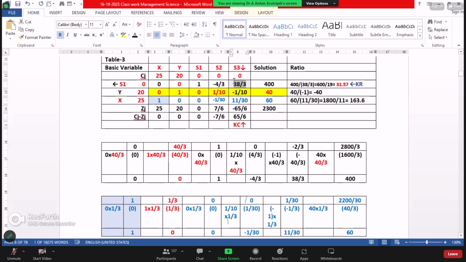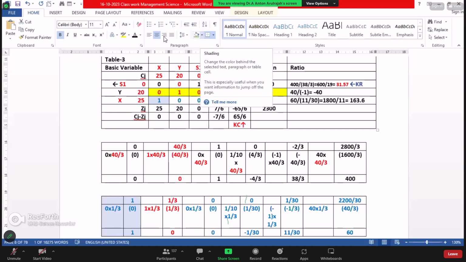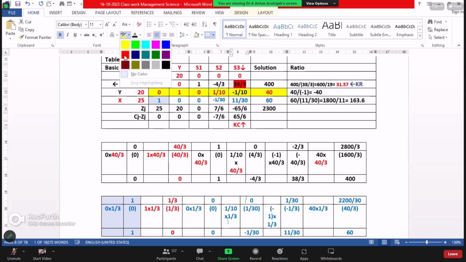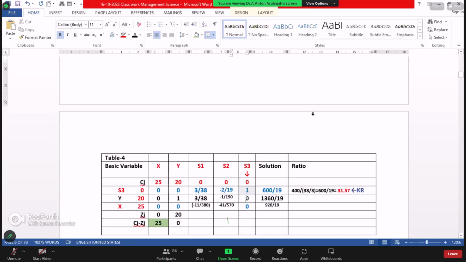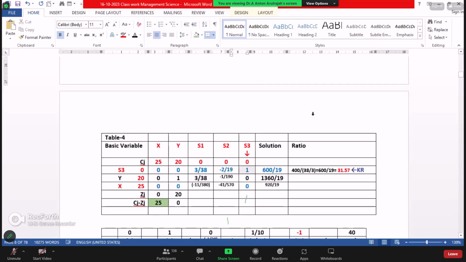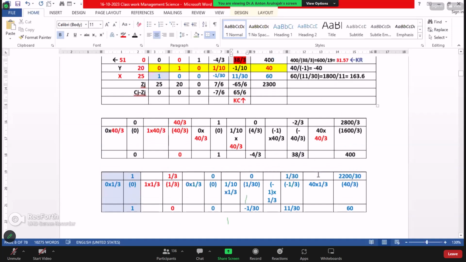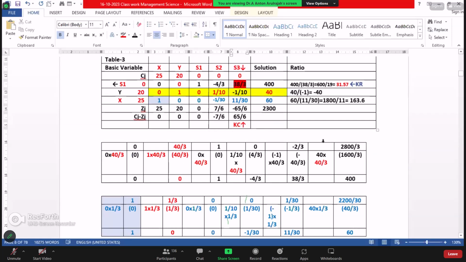Here this is the table number 3. So we have done some homework.